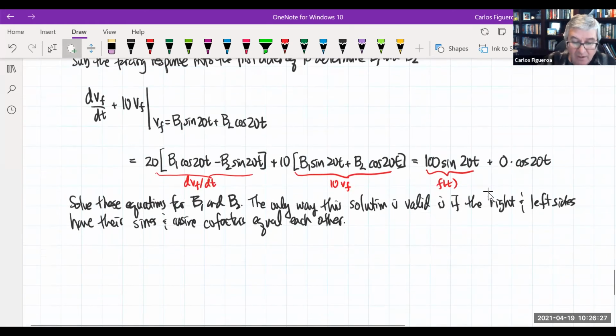So I have to collect all the sines and all the cosines. Let's look at the sine 20t terms.